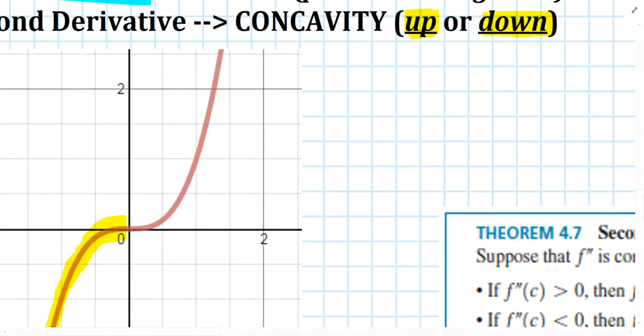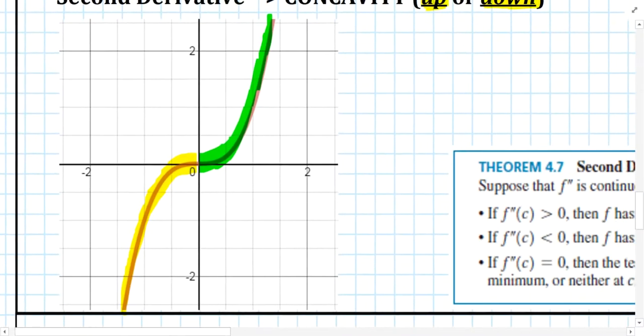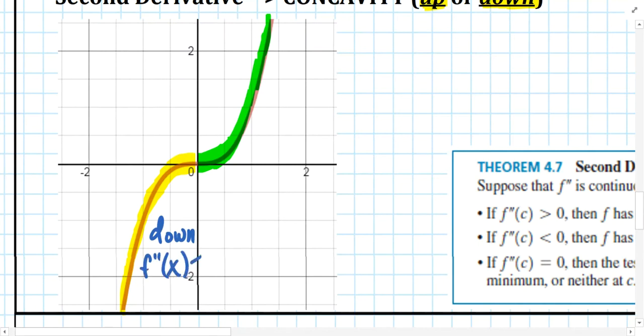By way of comparison, this section of the function has a different concavity. Would that one be concave up or down? Well, as it turns out, this section is what we would say is concave down, and therefore the second derivative in this interval is going to be negative.